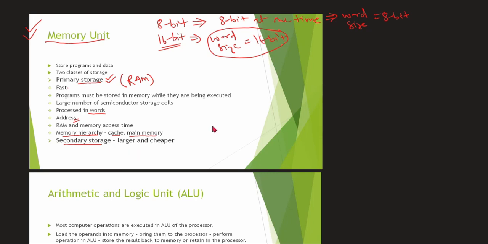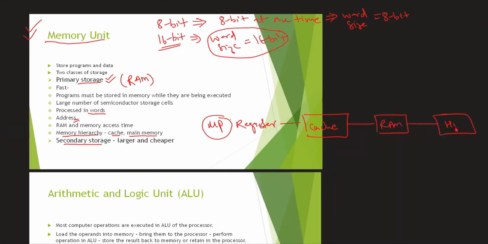If the processor, or we call it the microprocessor, is there, the microprocessor has registers. After that, we have the cache memory. This cache memory is also inside the processor. After that, we have RAM. After that, we have the hard drive, HDD or SSD.